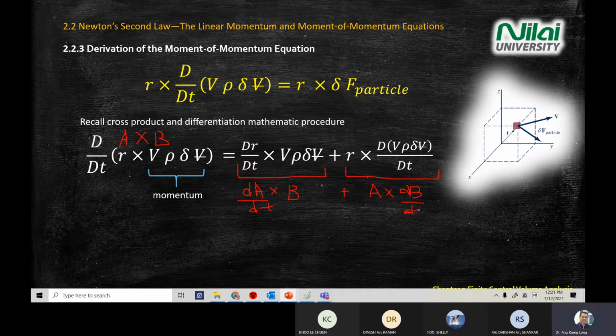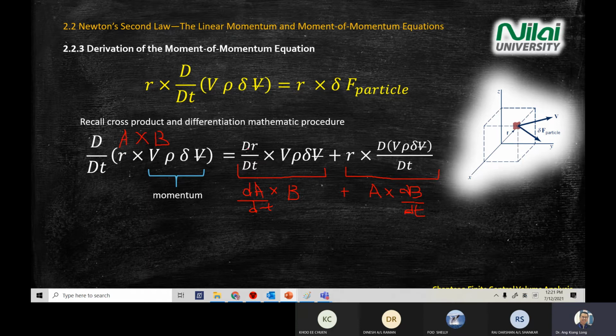Now this one is under the differentiation chapter in your advanced mathematics lecture, so I'm going to let you do your own homework to understand the differentiation procedure. We don't have time to explain how and the reason why you get this one. So basically it is using the concept of differentiation.